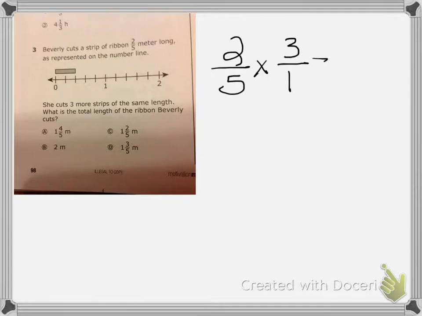Turn that into a fraction. 2 times 3 is 6. 5 times 1 is 5. And this one you should be able to do in your head. Did I do this right? Because I am not seeing our answer here.